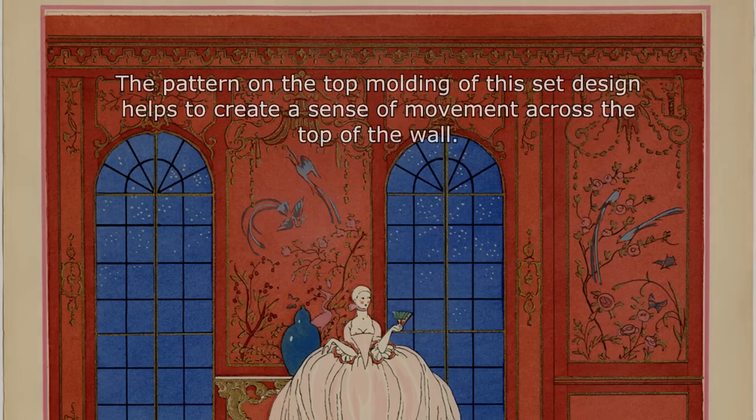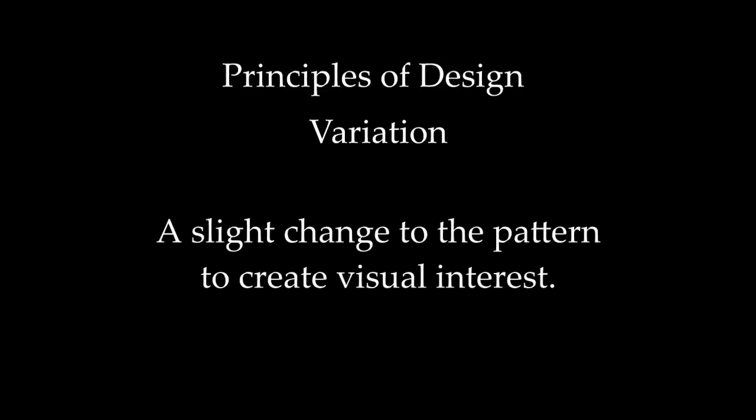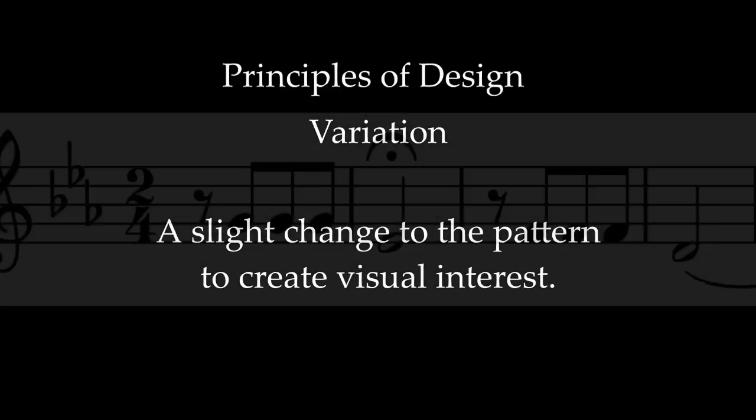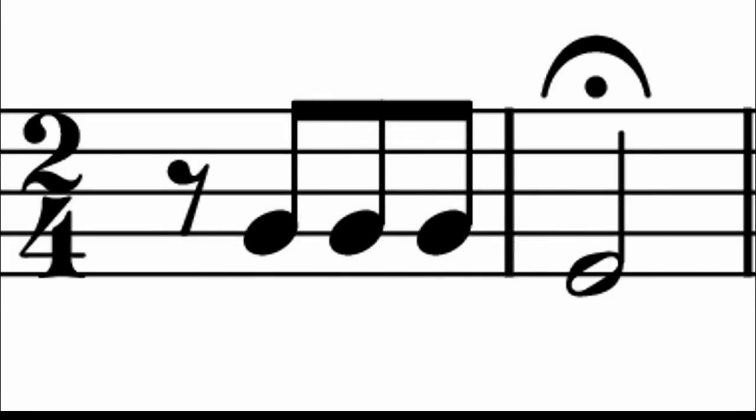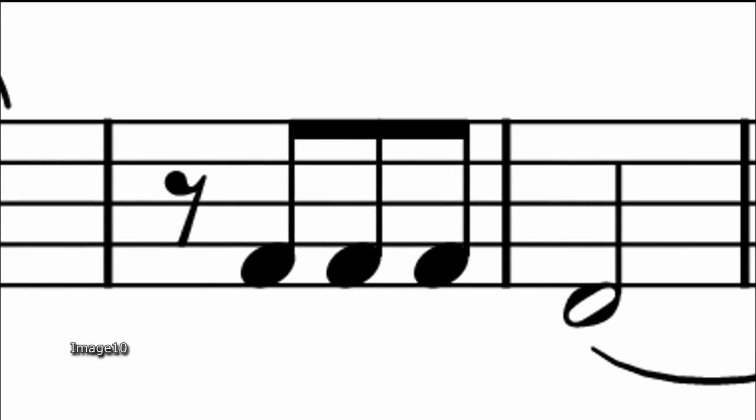The rhythm of a design can become very interesting when a designer begins to investigate the principle of variation. Beethoven's famous Fifth Symphony opens with 4 notes. The next 4 notes which are played are a variation on these 4 notes.